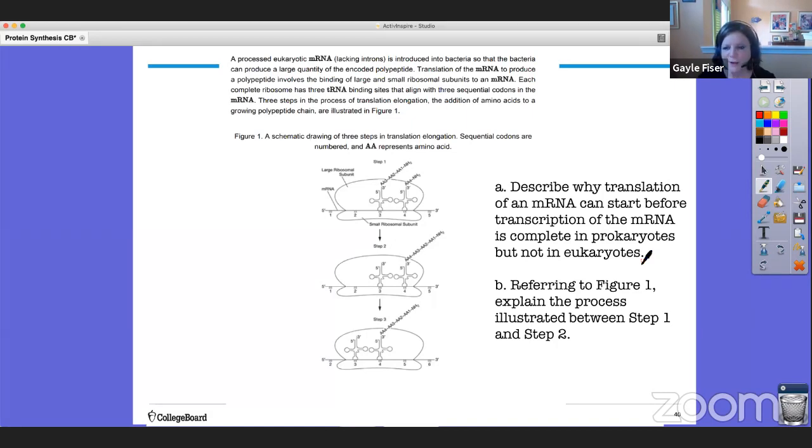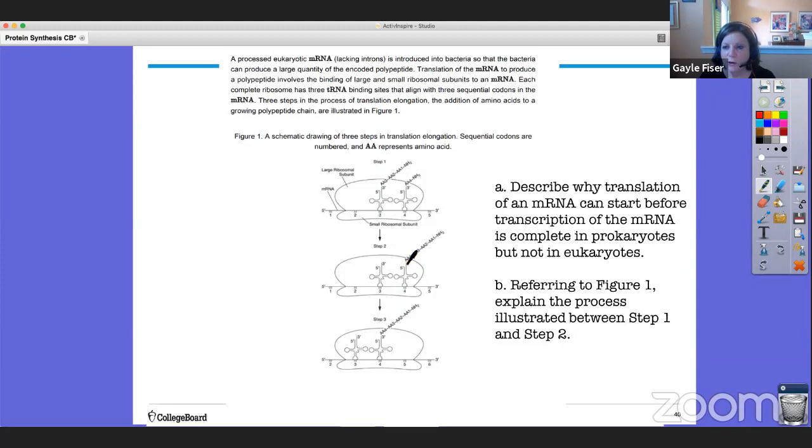And then referring to figure 1, explain the process illustrated between step 1 and step 2. What happened in step 1? The polypeptide chain is going to be covalently bonded to the next amino acid that's coming in. So there we have 1, 2, 3, and there's 4.